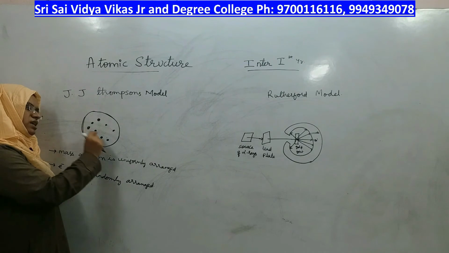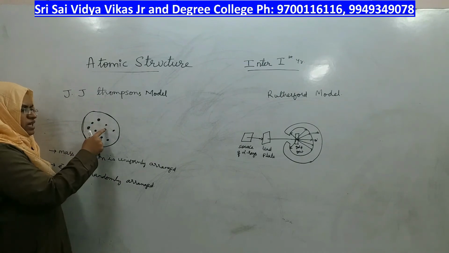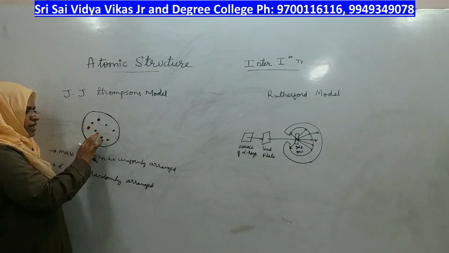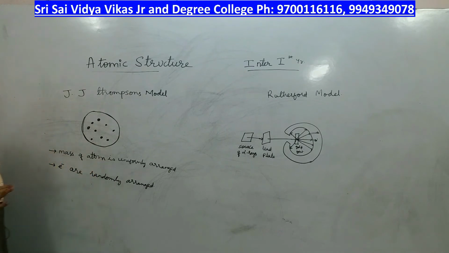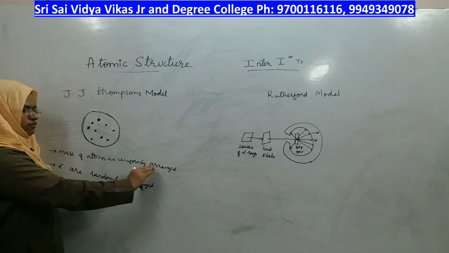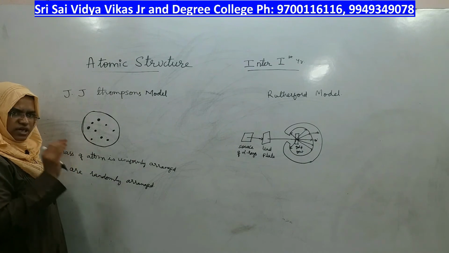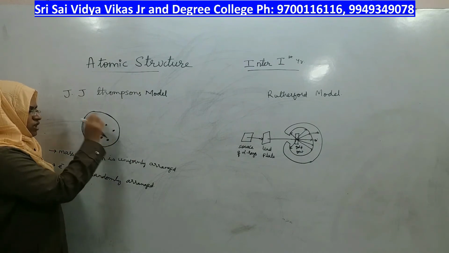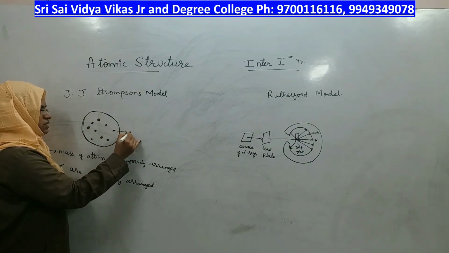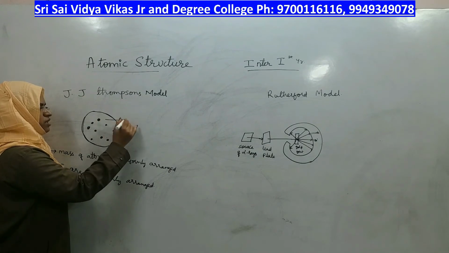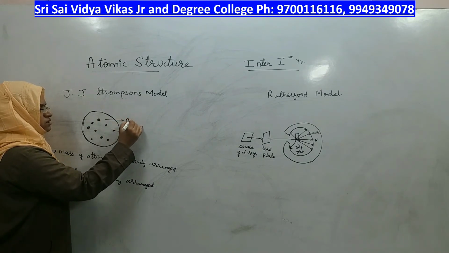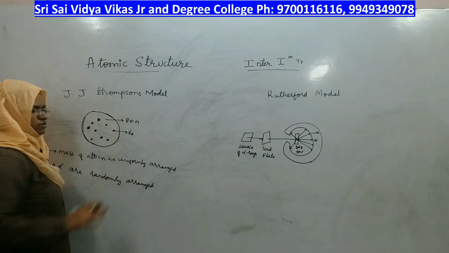The positive matter of the atom, which is nothing but protons and neutrons together, is uniformly arranged, and inside it the black dots which you are able to see are electrons, the remaining white matter is protons plus neutrons.